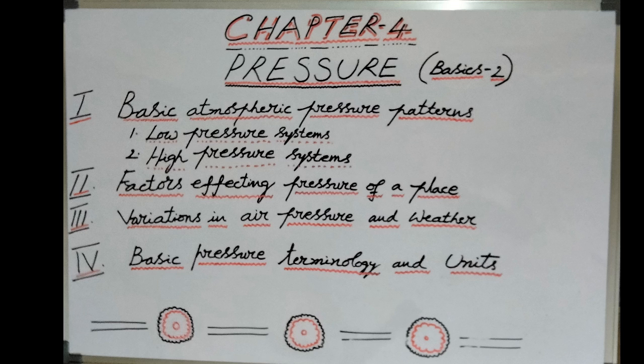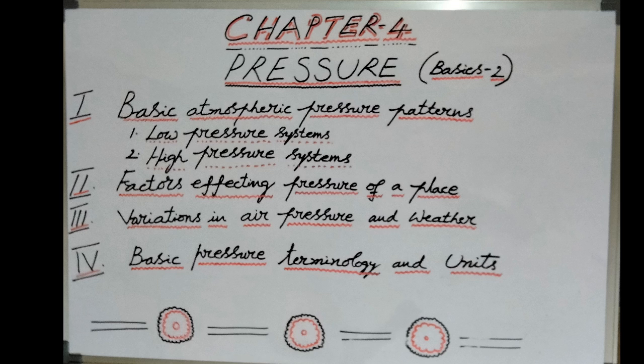When you go out of this classroom, if you are finding clear weather, that means sun is there, no clouds, then the pressure where you are standing is high as compared to 10, 15, 20 kilometers away from you. Exactly reverse, low values of air pressure produce cloudy and unstable weather.